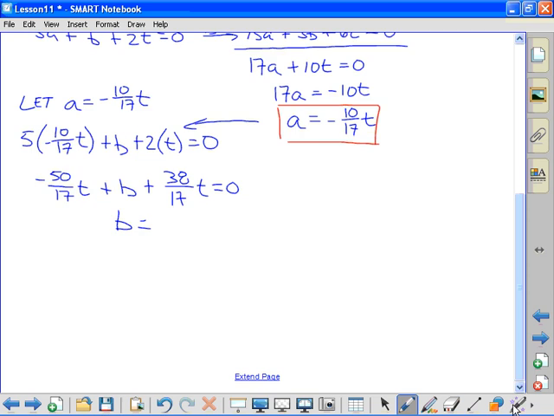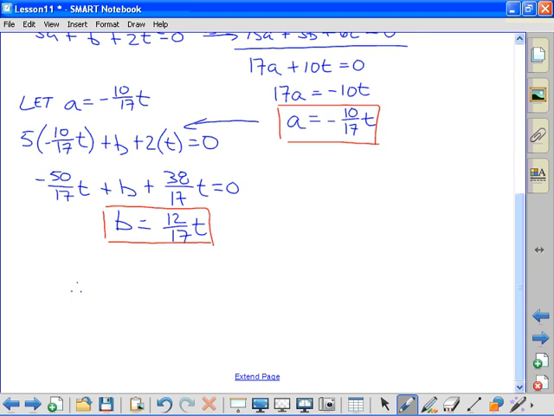So b would equal, the difference between 50 and 38 is 12. Move it to the other side, so positive 12/17 t. So now I have all three values calculated, and we can finish off the question by making our statement.